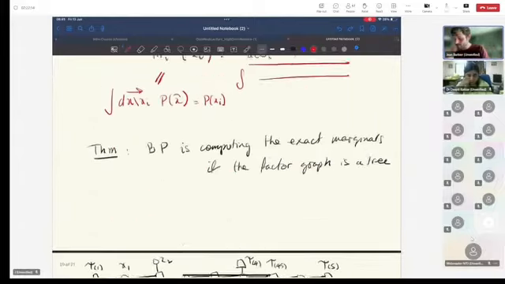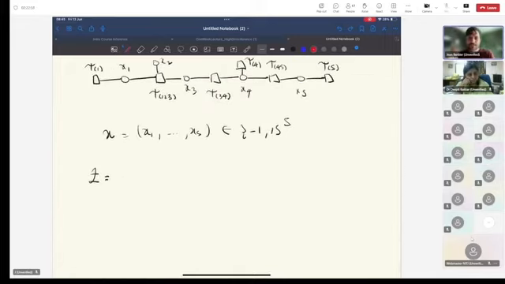So let's say that you are interested in computing the partition function. So Z is the sum over x. I will do the example with 2 to the 5, so we have 2 to the 5 possibilities to sum over.